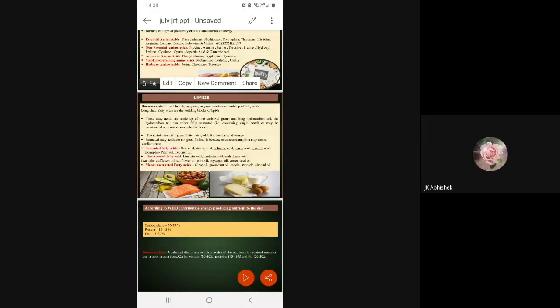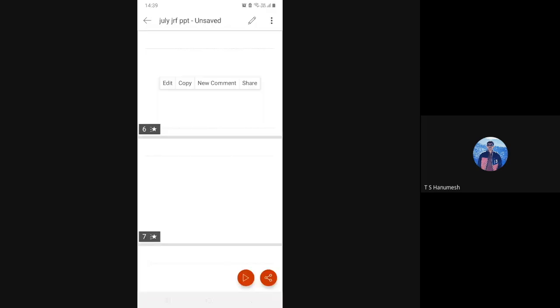Ma'am, which is the oldest method of preservation, drying or fermentation? Fermentation. Any doubts, participants? Actually, from post harvest, you can expect a maximum of 10 questions, and these questions will always be simple and direct. So don't lose any marks on the easy ones while you attend the exam.